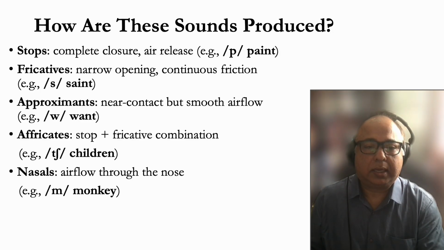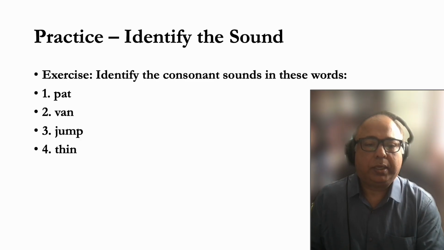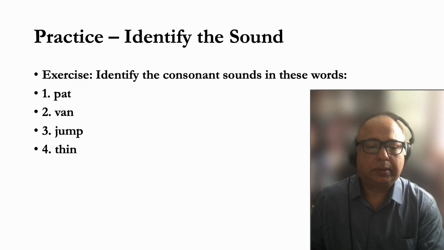M, as in monkey. Okay, so can you identify the consonant sounds in these words? The initial consonant sounds in these words. So take a couple of minutes maybe and do this exercise. Pause the video, and then I will show you the answers.